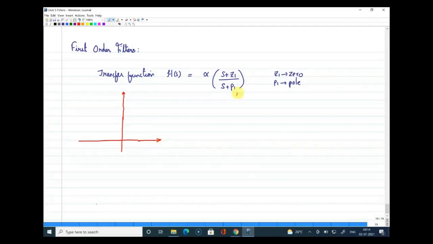So there are two ways you can mark pole and zero. Can someone suggest what you understand by this first order filter transfer function? There is a single zero, single pole. Now, depending on the value of zero or a pole, what type of response can you expect from this? Any guess?